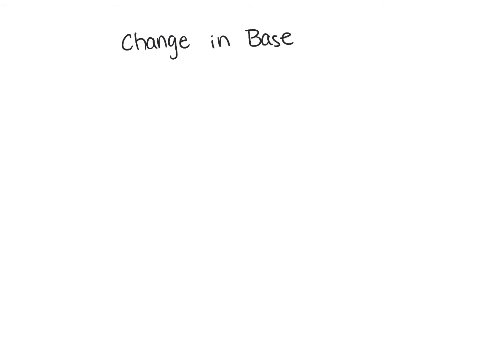Change in base. If you'll remember, if we have log base b of a, b right here is our base. Now, for logarithms, if we don't specify what b is, we say it's a base of 10. Most calculators can only deal with a base of 10, but what if this base is 7 or 9 or 2?